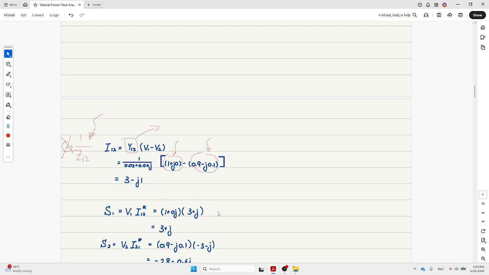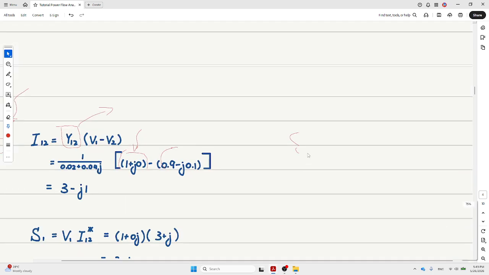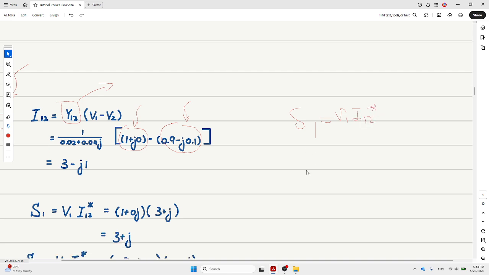Then what is the S value? S1, I think you can remember, is V1 times I12 conjugate, correct? And then S2 can be calculated as V2 times I21 conjugate.